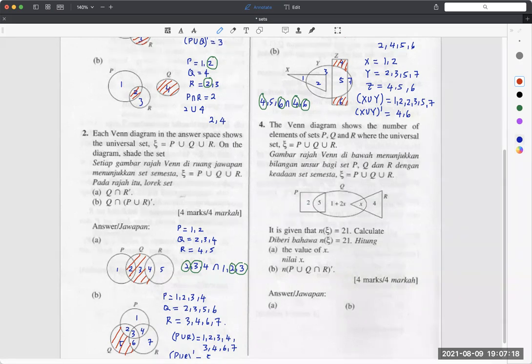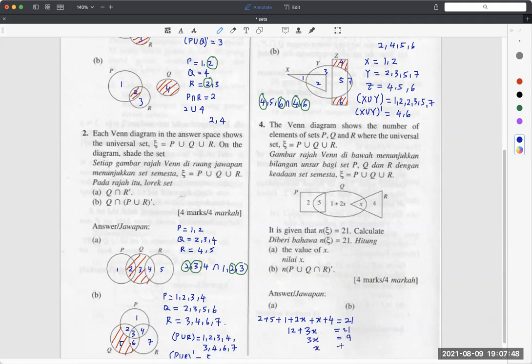Let's solve for X dulu. Okay, just add up semua tu. 2 plus 5 plus 1 plus 2x plus x plus 4 equals to 21. So 2 plus 5, 7, 7 plus 1, 8, 8 plus 4, 12. 12 plus 3x equals to 21. 3x equals to 9.